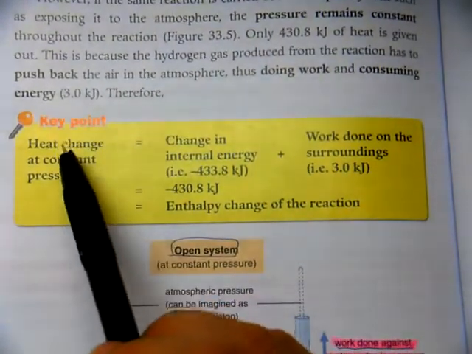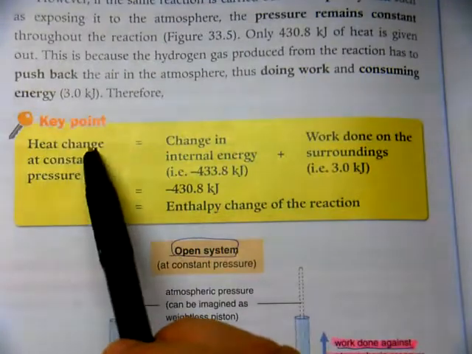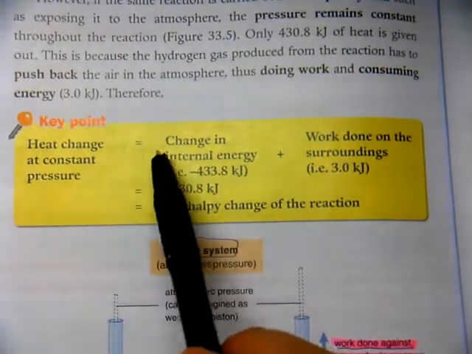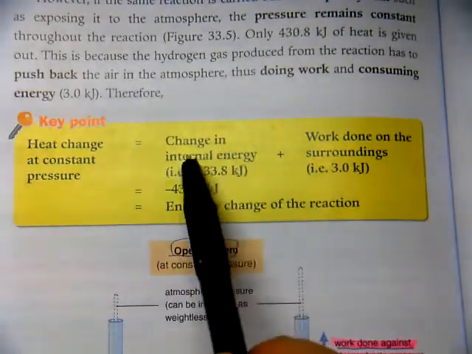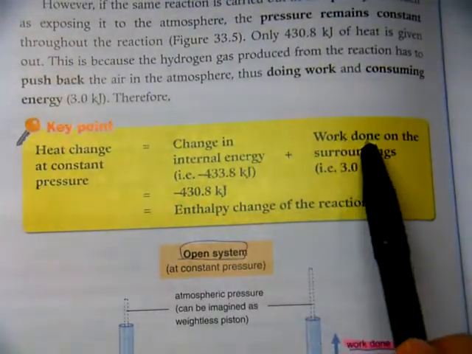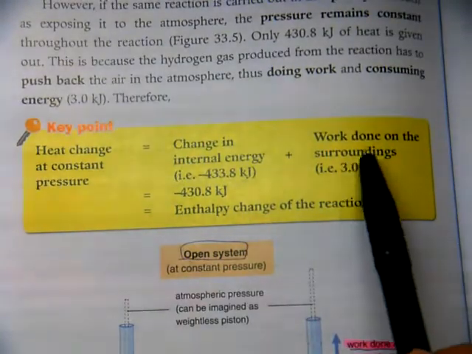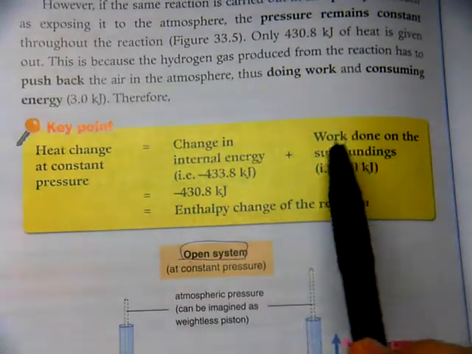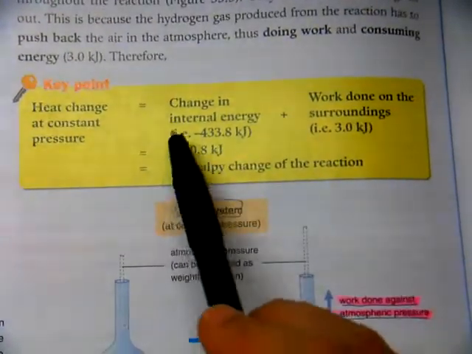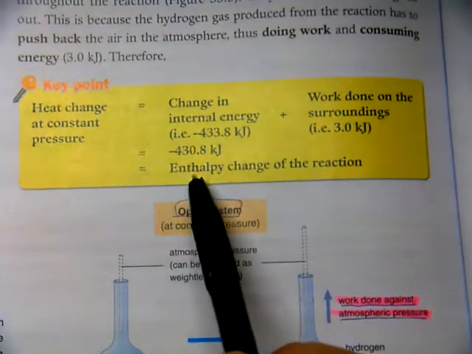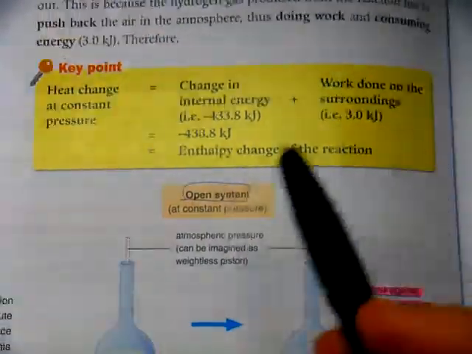So let's look at this equation. Heat change at constant pressure is equal to the change in internal energy together with work done on the surroundings, because work has to be done in this example. Under this condition, we have another term, which is called enthalpy change.